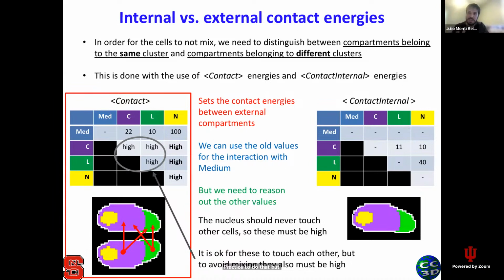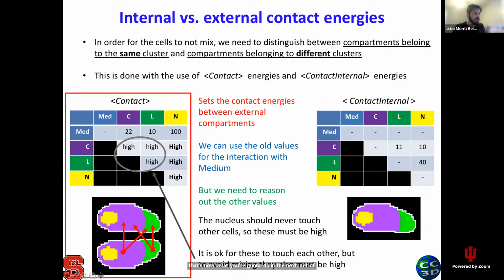The best approach is not to select numbers randomly, but to think about what should be high, what should be low, what should be in between, and what should be the hierarchy of energies for my system to behave correctly. That's what you're going to do in the next set of exercises.